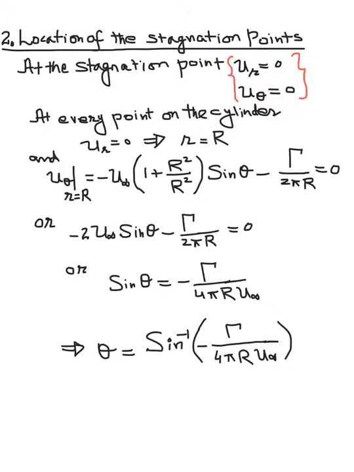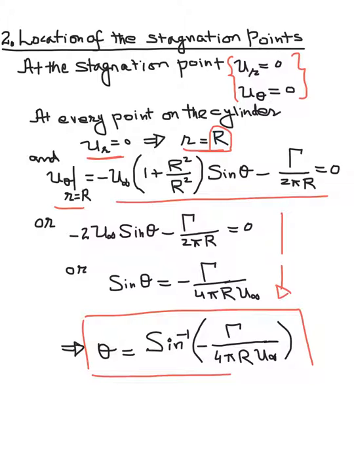Now at every point on the surface of the cylinder, we know that u_r is 0, and this has resulted in the value of r equal to capital R, the radius of the cylinder. Now to find theta, I will utilize the equation for tangential velocity, and I have set this expression equal to 0. Now this has resulted in this expression for theta.